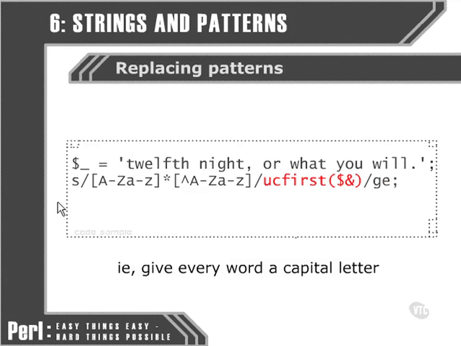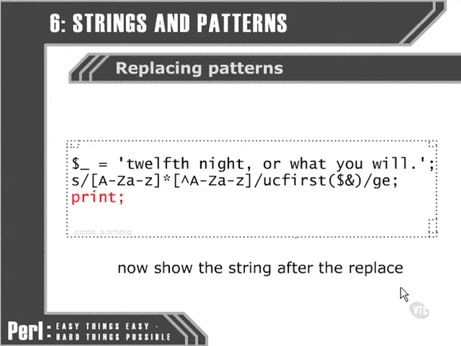So as we find each word with the pattern, it feeds it to the UC first function, and we're accessing the patterns found by using this variable here. So each word is capitalized and the result is returned in the place of the original word to the original string.